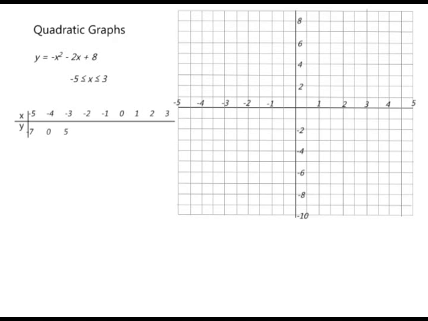X minus 2, y will be 8. Minus 1, y will be 9, x 0, y will be 8, x 1, y will be 5, x 2, y will be 0, and x 3, y will be minus. We plot these points and we get this kind of graph.